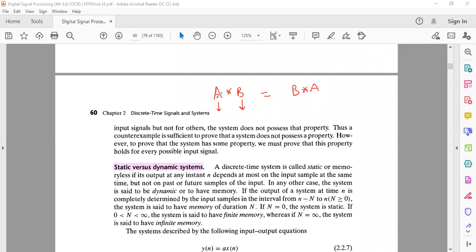It shouldn't hold for one value of A and not for another. If it doesn't, then we would say that the property doesn't exist.